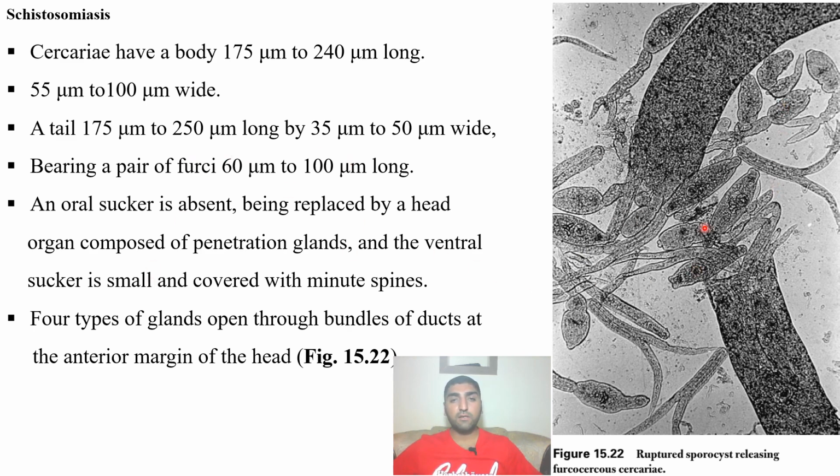You can see the head of these cercariae. This is the head, and this is the main body, and this forked tail, having these different ducts, glands, spines, sucker, and a penetration gland for penetration into the next host.